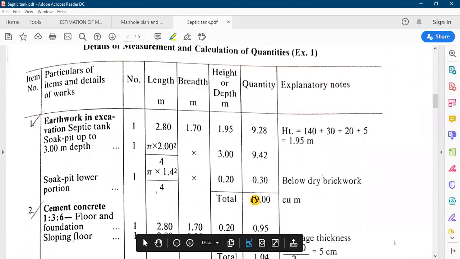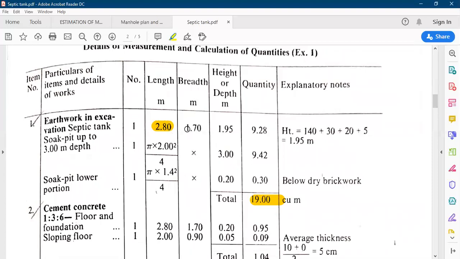As we can see, the length of the CC bed is 280 centimeter and the width of the CC bed is 1.7, and the height of earthwork excavation below the earth surface is 1.95 meter. So the total earthwork excavation for the rectangular component of the septic tank is 9.28 meter cube.